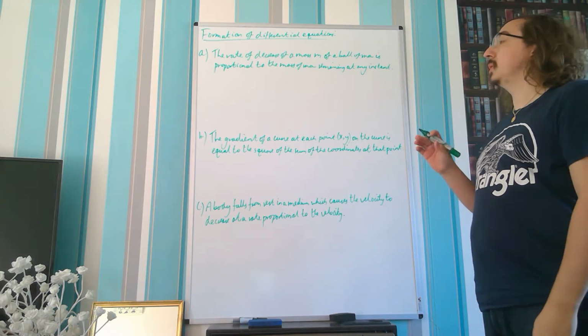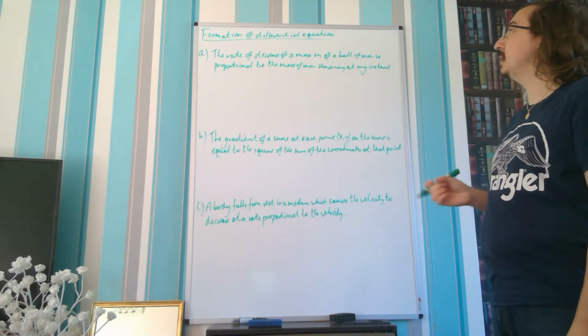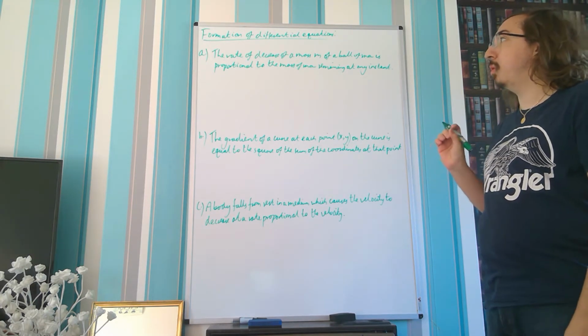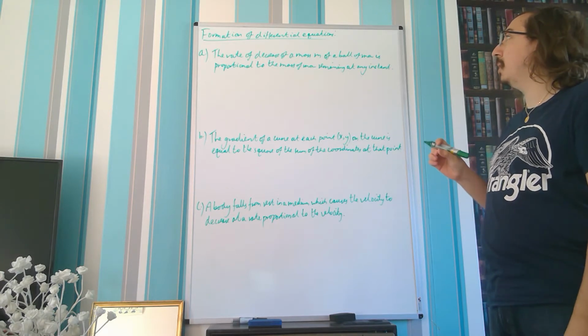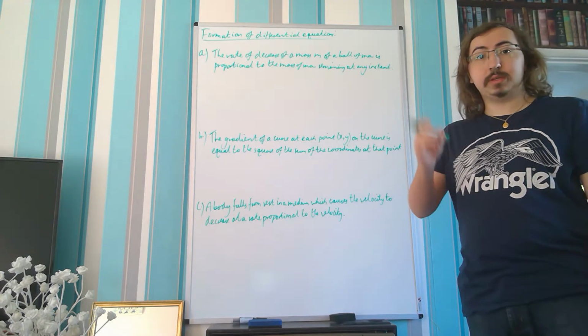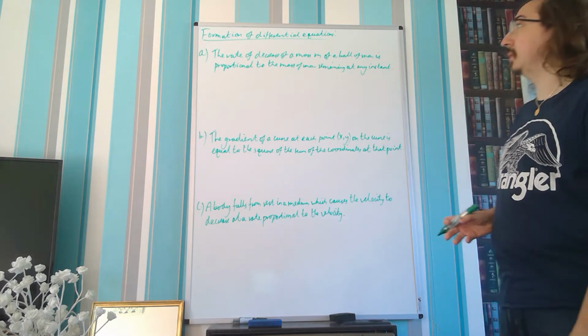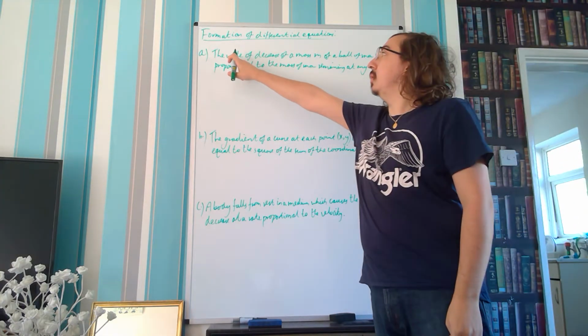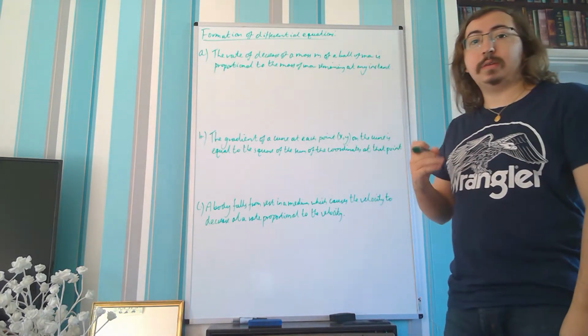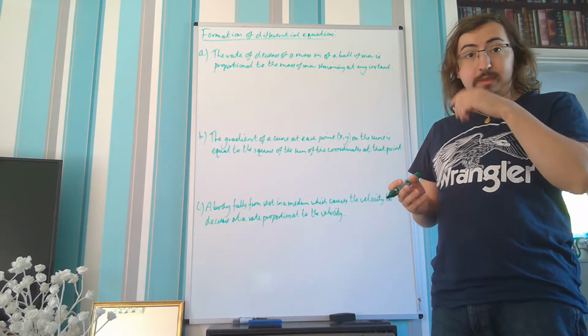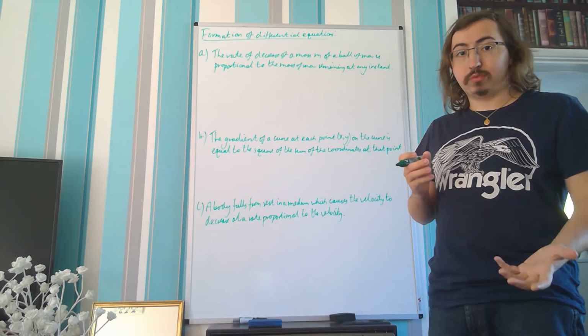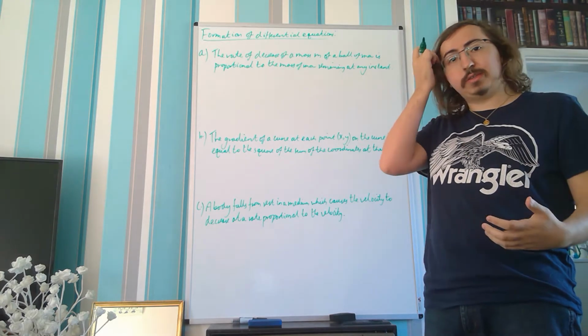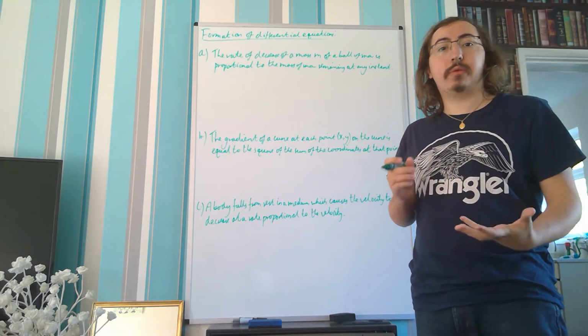So the first one says the rate of decrease of a mass m of a ball of snow is proportional to the mass of snow remaining at any instant. So let's break this up into what this means. Well, you've got the rate. Now, if it's mentioning rate, you should be thinking it's a rate of change, which means we're going to have some kind of differential there.